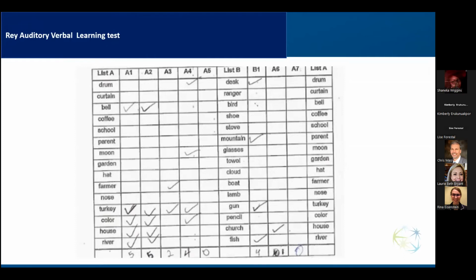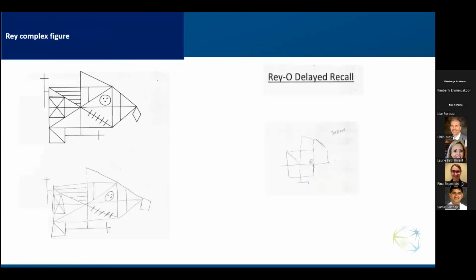He's not learning anything, and he's really low. When you see the report, you're going to see all these numbers added, so he actually got 16, which is pretty low. We distracted him with list B, and after 30 minutes, A7, he remembers 0. So he learned 16 in 5 trials, and he remembers 0. So his short-term memory is definitely very impaired, okay?